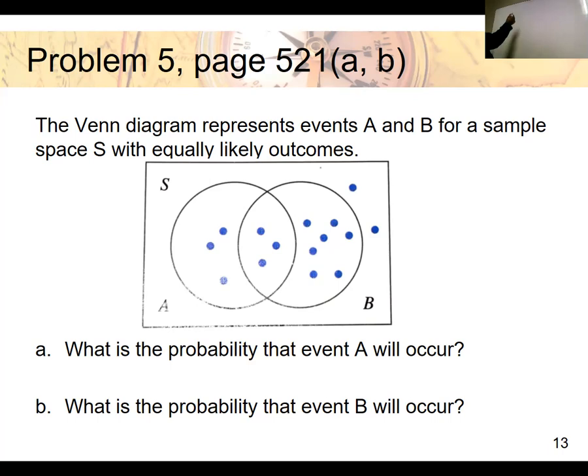So what I'm gonna do is copy over that Venn diagram that we have. And notice that these circles in this case are connecting each other. This is the sample space. This circle is A. The other circle is B. And there are 3 dots here.